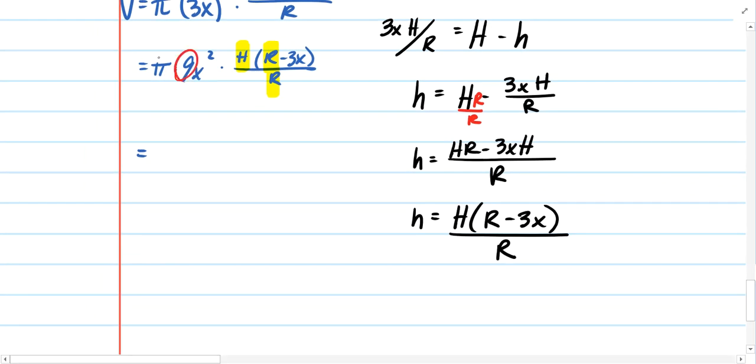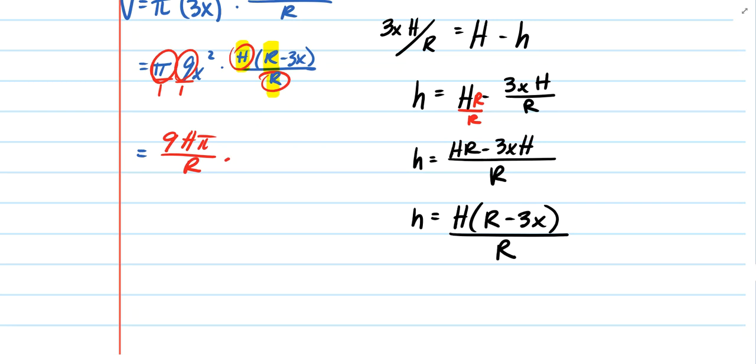And that would be to treat the 9, the pi, and this capital H, along with this capital R, as a numerical coefficient in front of an expression containing x. And so with pi technically as a value pi over 1 and 9 over 1, we can actually write this expression, 9 times H times pi over R times the quantity of R minus 3x times x squared.